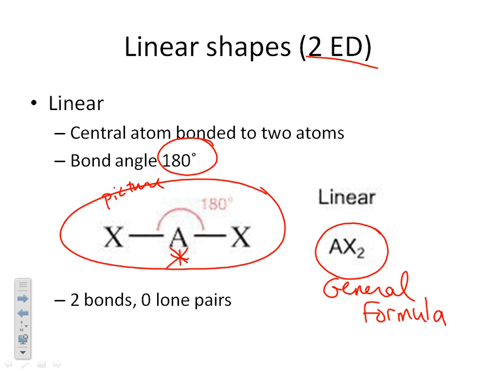So this linear molecular geometry that is also a linear electron domain geometry has 2 bonds and 0 lone pairs. Okay, so linear, 2 bonds, 0 lone pairs, 180-degree bond angle, looks like that, XAX, a straight line, hence linear.